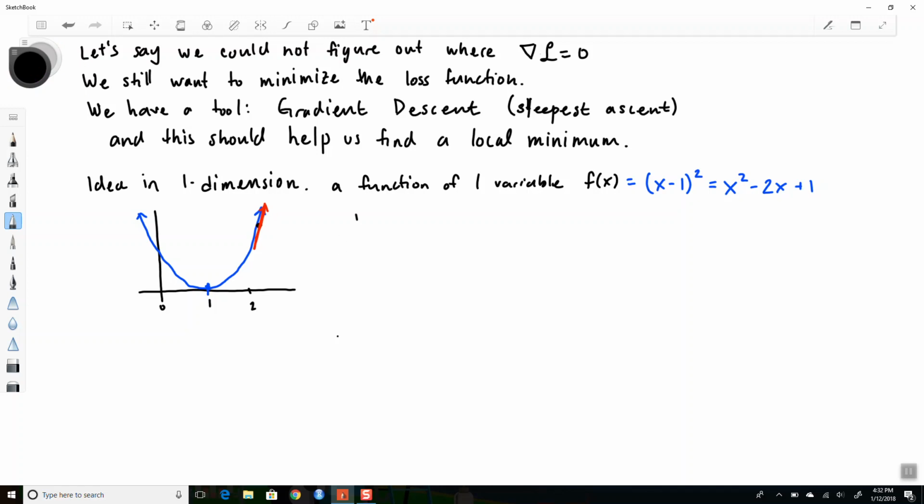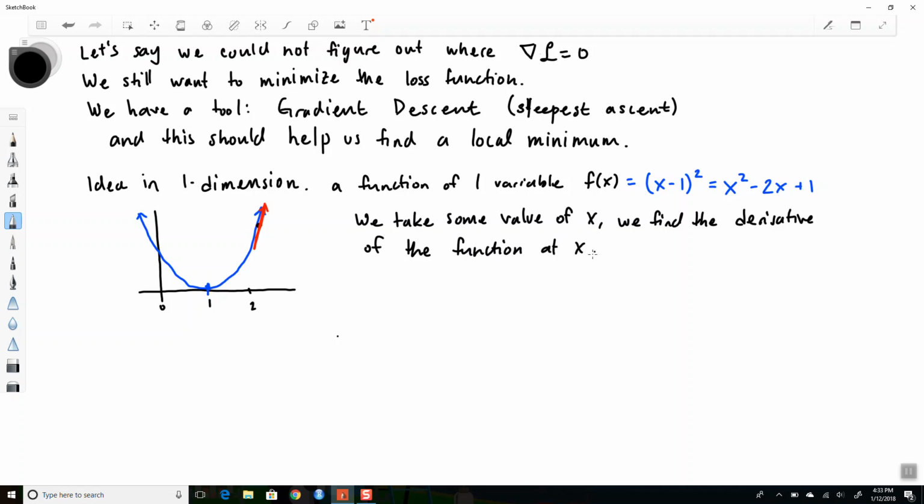So we take some value of x, and we find the derivative of the function at x. Maybe I'll call this x0.